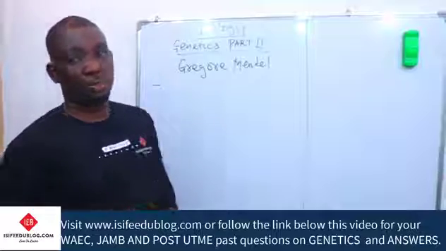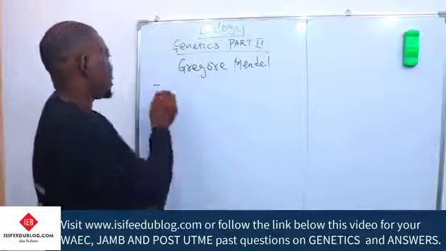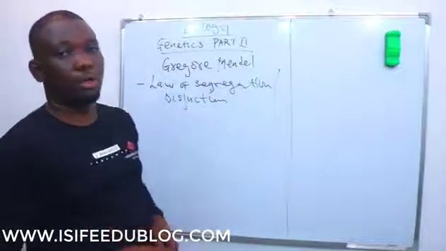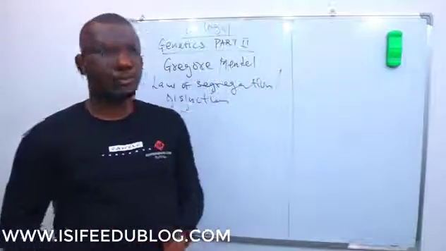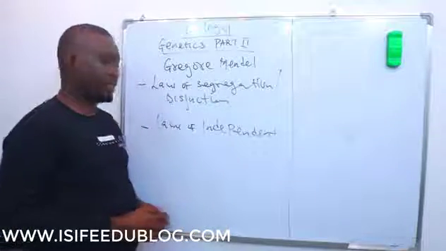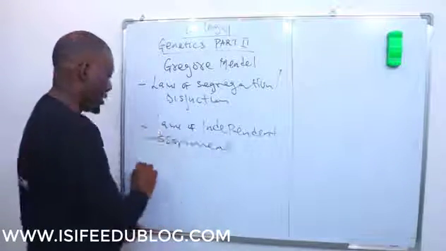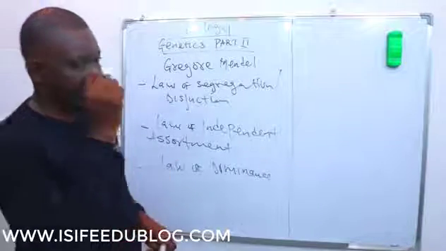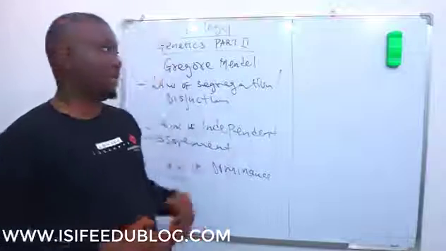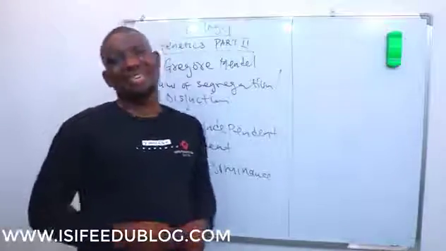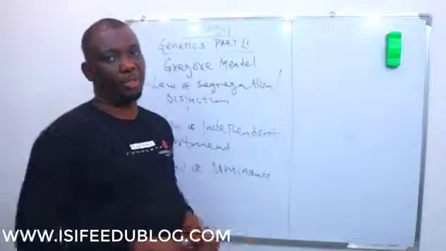The first principle, or law, is what he described as the law of segregation or disjunction. The second principle is the law of independent assortment. And the last is the law of dominance. In this video we're going to look at these principles, and also look at some inheritance that deviated from them.